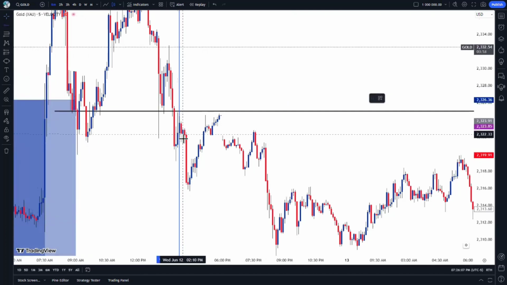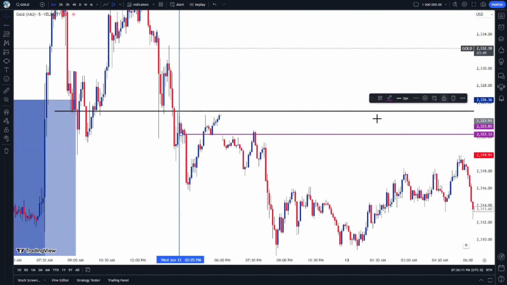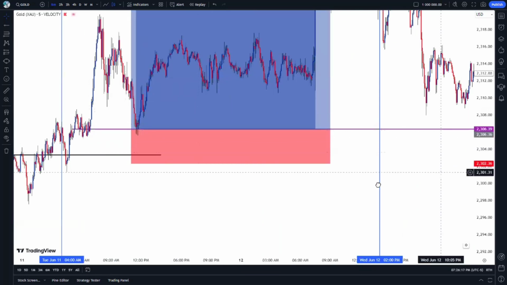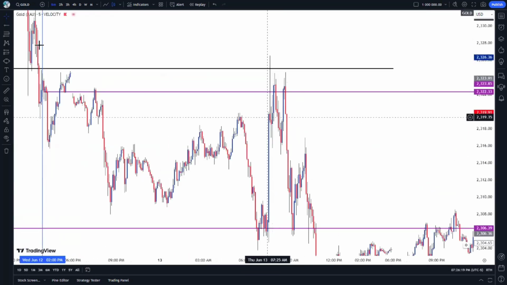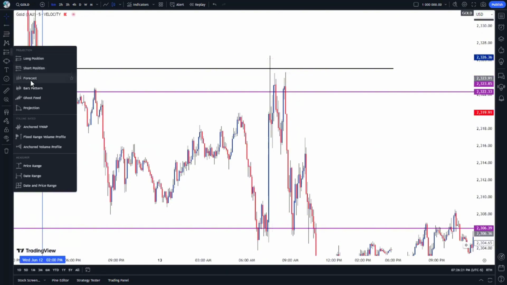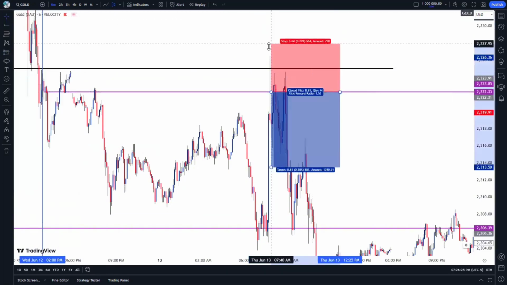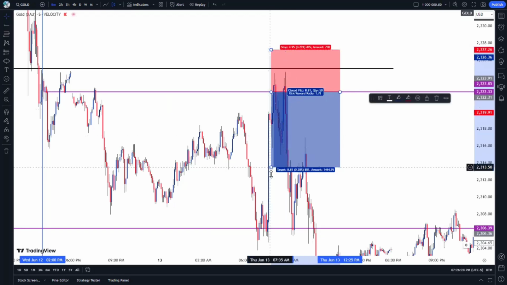This one broke structure and then this one pushed down. So this is the one that we're going to use. And we use the opening price of the sell candle and the opening price of the buy candle. Remember. And you see how accurate price did. So this is it.